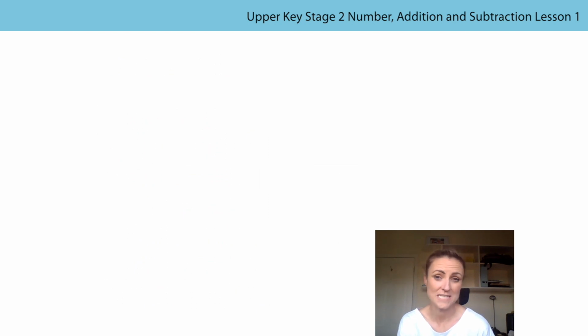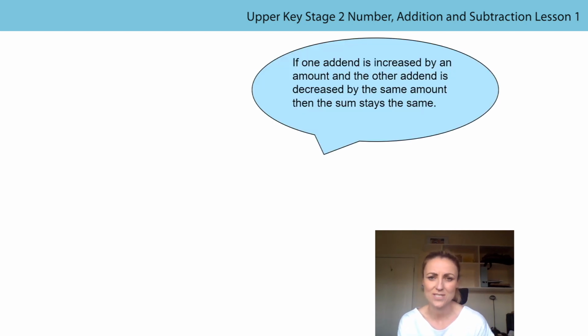So I did promise you, didn't I, that we were going to start with those ideas of sweets in bowls and small numbers working within 10, because that's going to help us once we move on to bigger numbers, which we're going to do now. But just to introduce our generalisation, which I know you will have understood at this point. And this is that if one addend is increased by an amount and the other addend is decreased by the same amount, then the sum stays the same.